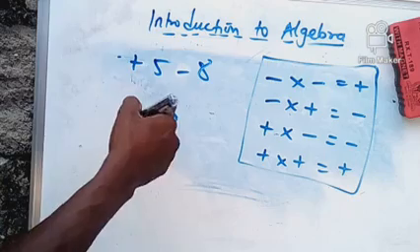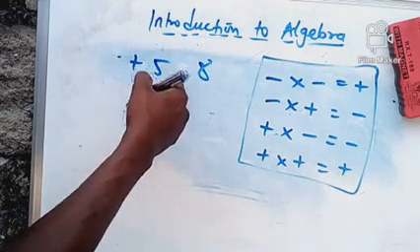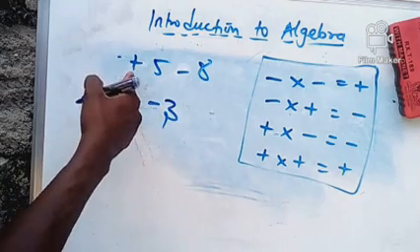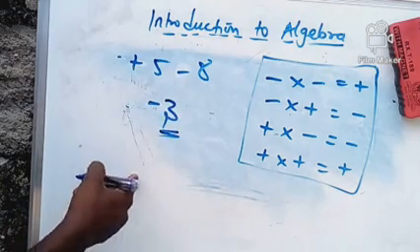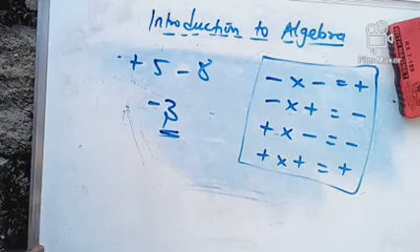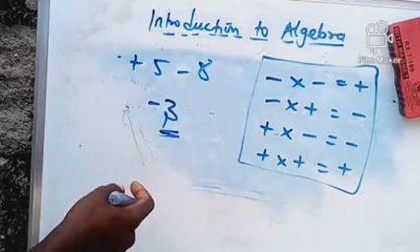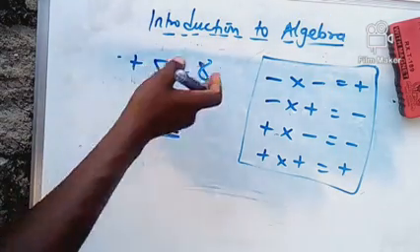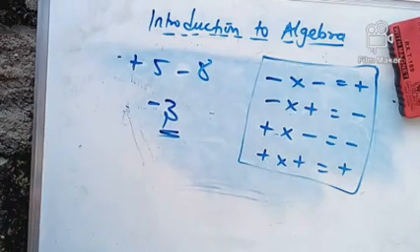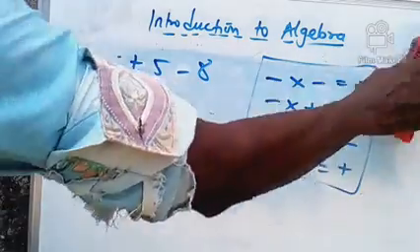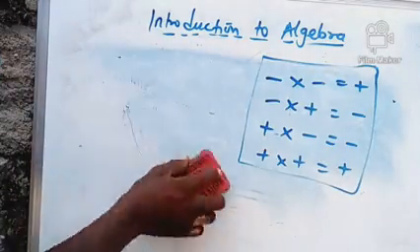Now this 3 takes the sign of the bigger number, which is what? Minus. So the answer becomes, plus 5 minus 8 is what? Minus 3. Now you can see that this is the way to solve problems involving negatives. So whenever you have negative problems, you simply remember this table and then use it to solve that particular problem. All right, let's move over to the next concept.